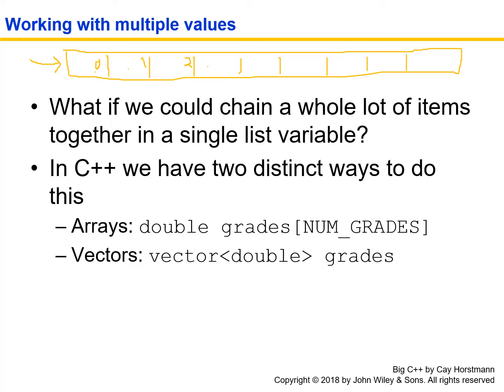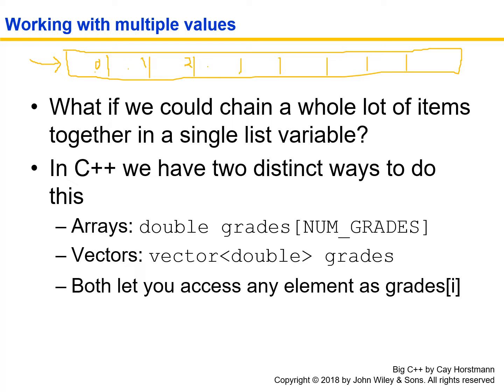But because they're a more advanced object-oriented structure, we're going to discuss them last. We're going to discuss arrays first. Both will let you access any element as grades square bracket I, that's pronounced as grades at I, or grades index I, or grades subscript I. I like the at because it's easier to say.